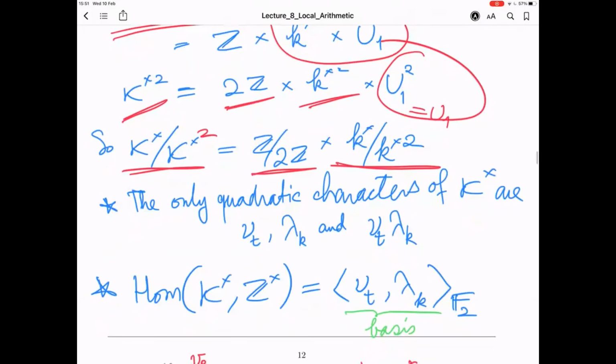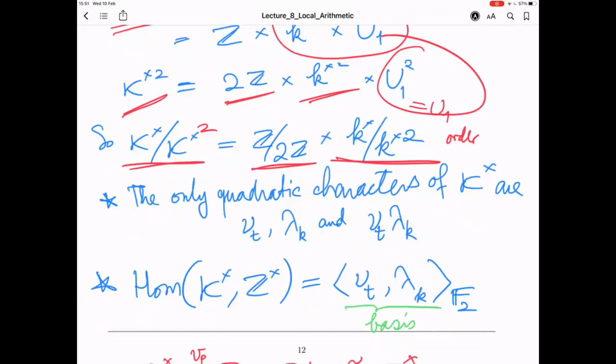So it's a group of order 4, and exponent 2. Exponent 2 means every element is killed by 2. This group is sometimes called the Klein 4 group.